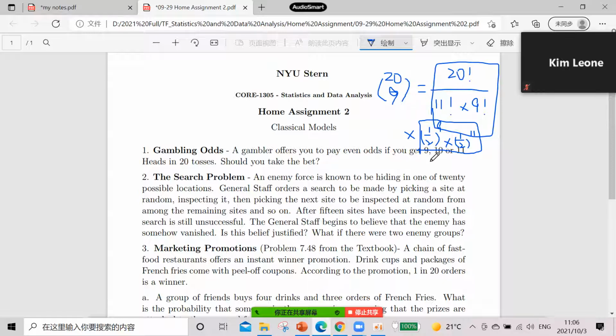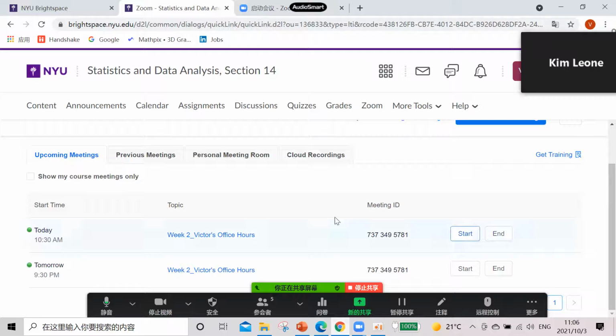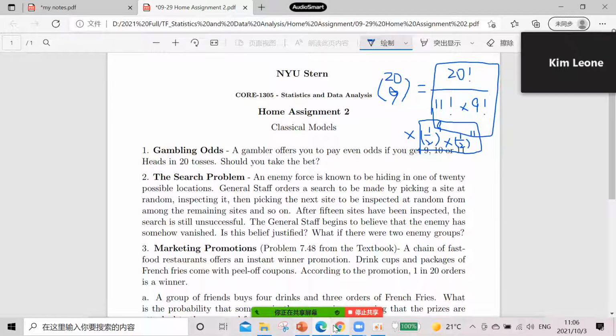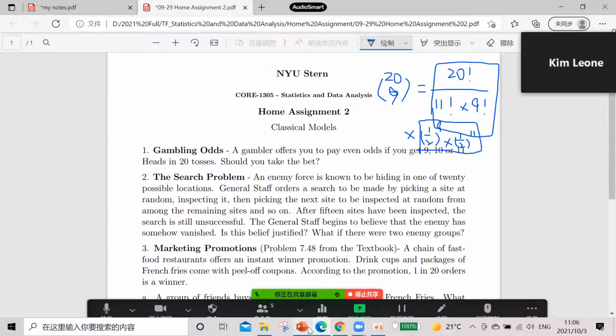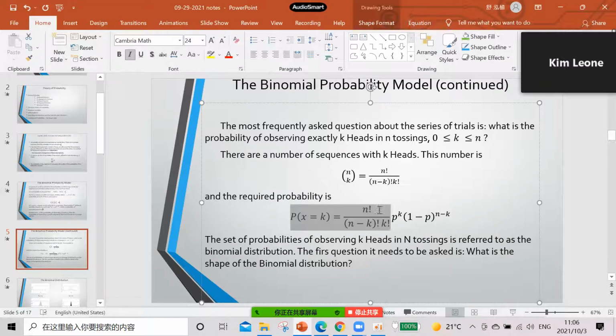So I use those two and multiply them together, which is the probability of getting 9 heads out of 20 tosses. In the professor's notes, the whole formula I'm writing here is this, and you can review these slides after the review session. You may find it okay. I understand all of them.